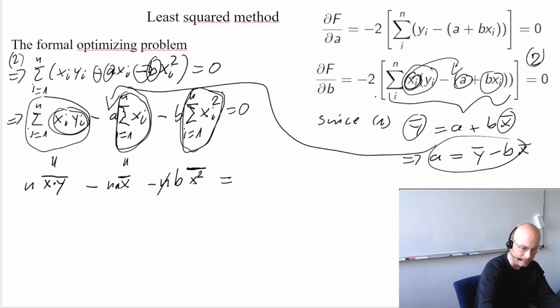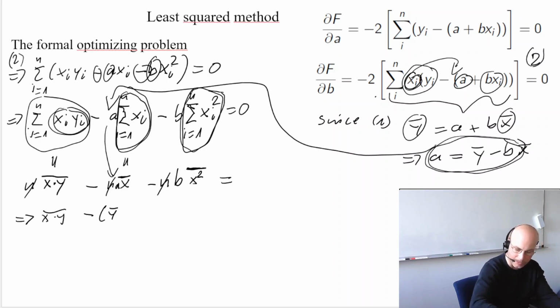Again, the n cancels out, and we insert here this value for our A. Then we obtain y bar minus b x bar.